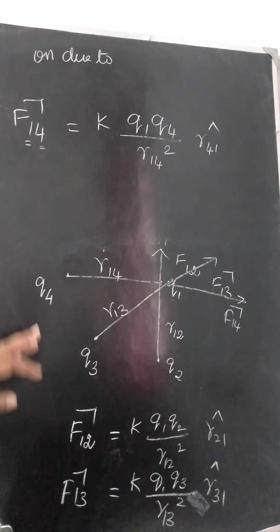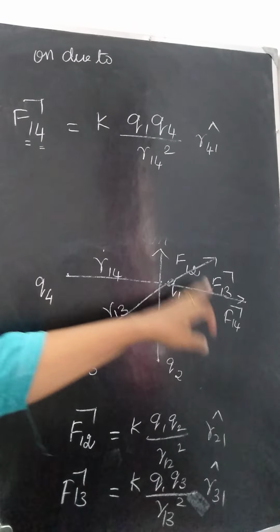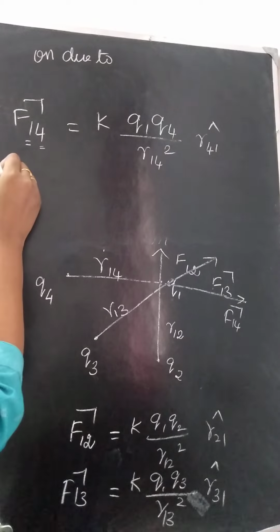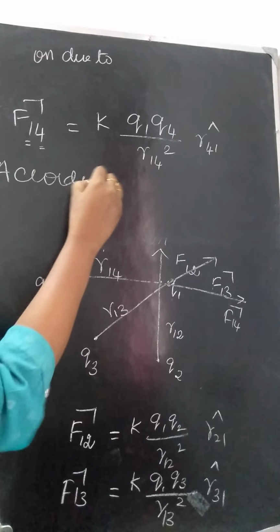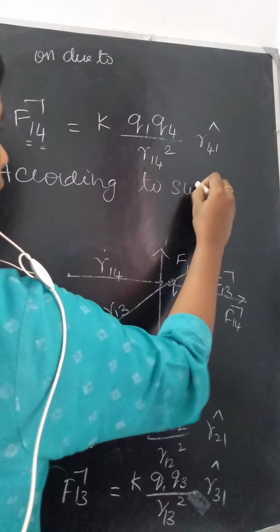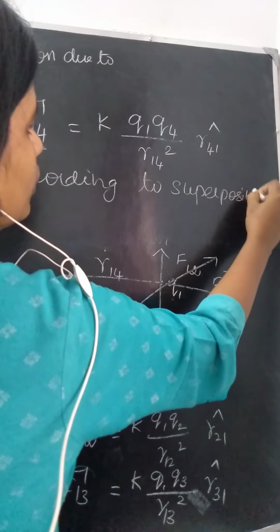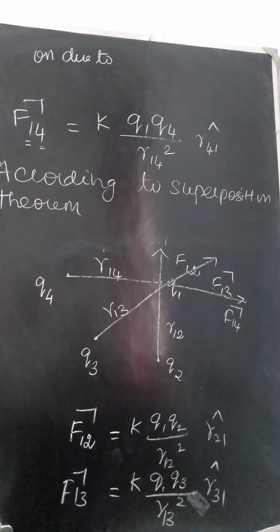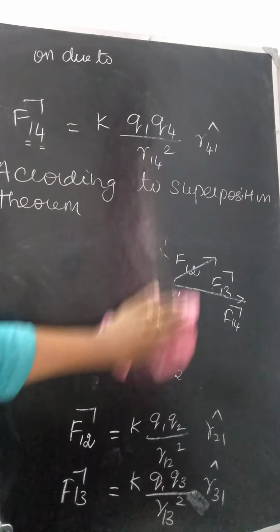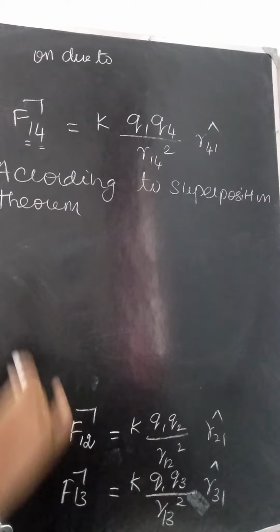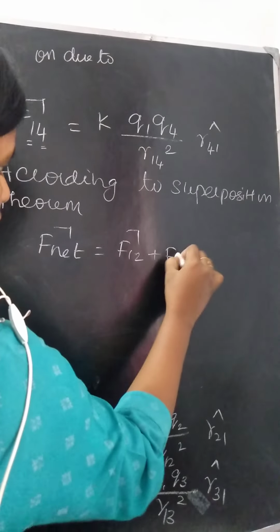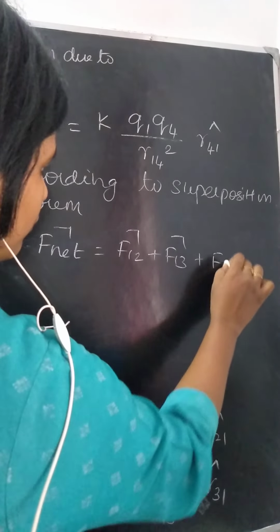Okay. So if you want to find the net force acting on this one, how many forces are acting there? Tell me, on Q1 how many forces are acting? 3 forces, right? So here the superposition theorem comes. According to the superposition theorem, the net force acting on the charge Q1 can be given as the addition of all the individual forces. So F net is equivalent to F12 vector plus F13 vector plus F14 vector.